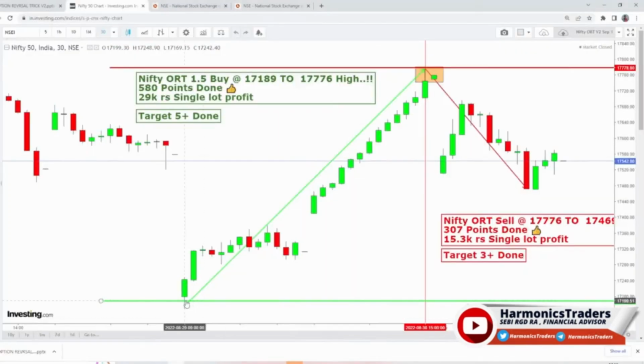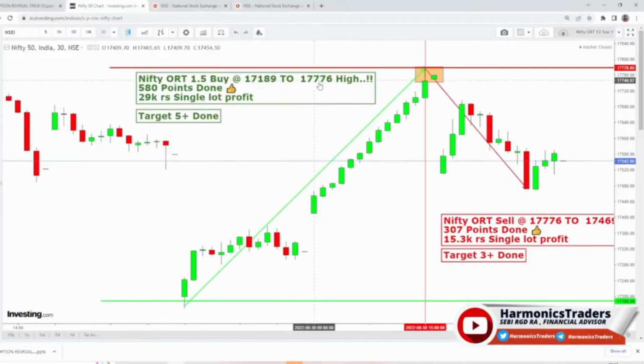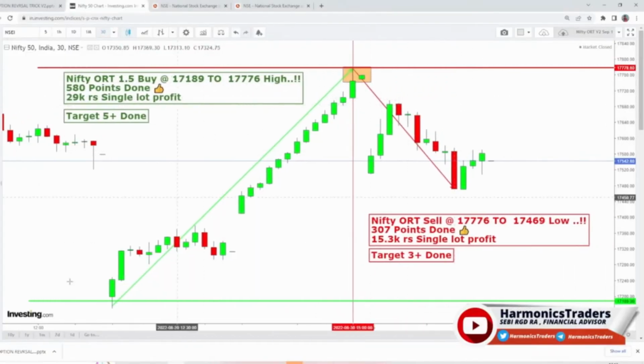It tested ORT 1.5, 17,189, and from there it started to move up and up until almost the ORT sell of 17,790 was reached. It came to 17,726, and from there it started to fall. So here ORT 1.5 buy got activated and it went up by 580 points. And here ORT 1 sell got activated and it went down by 307 points.